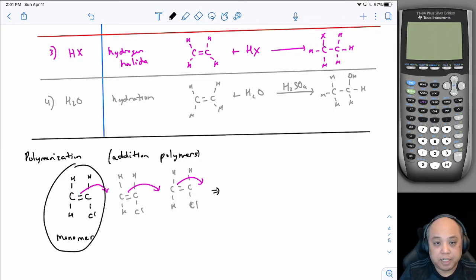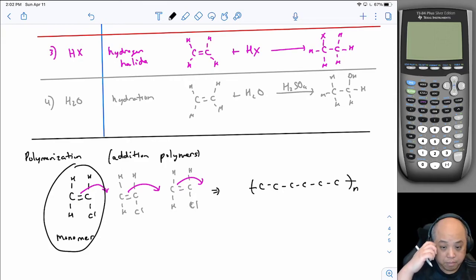And generally speaking, the IB asks you to draw 3 repeating units. So that means that for your purposes here, you're going to have 6 carbons in the middle here, because with 3 repeating units, the only carbons that should be in the main chain are the carbons that are double bonded together.